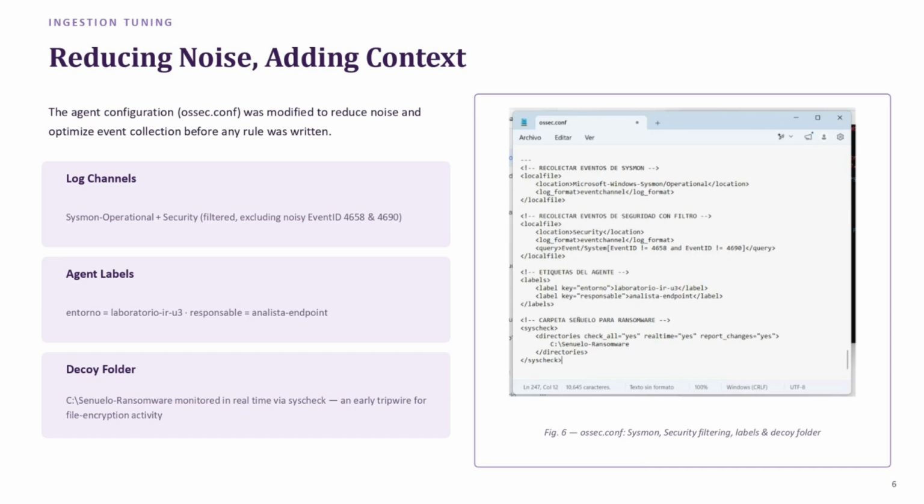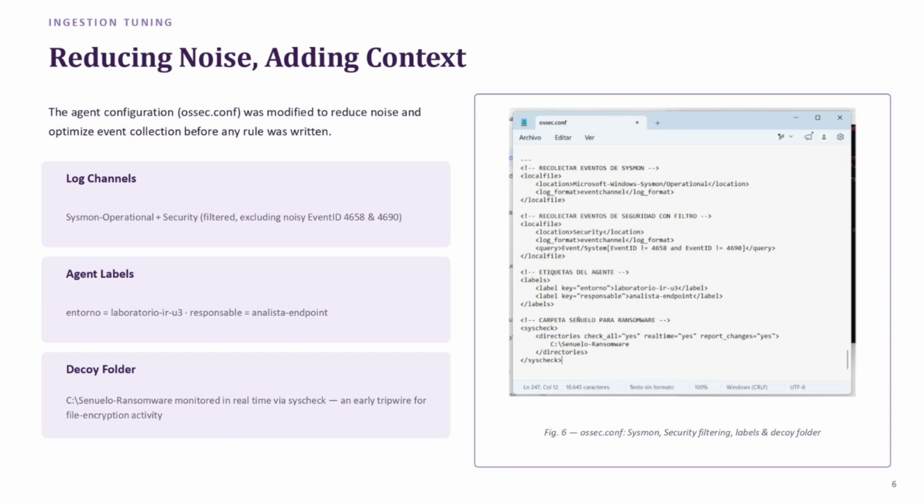Before writing any rules, I also modified the agent configuration file. This step is called ingestion tuning, and it is very important to reduce noise. I configured 3 things. First, the log channels. I collect the Sysmon operational log and security logs, but I filter out the noise from event IDs 4658 and 4690.